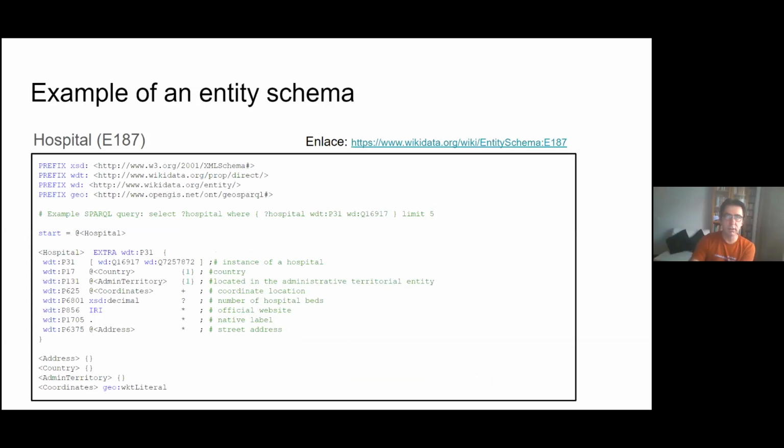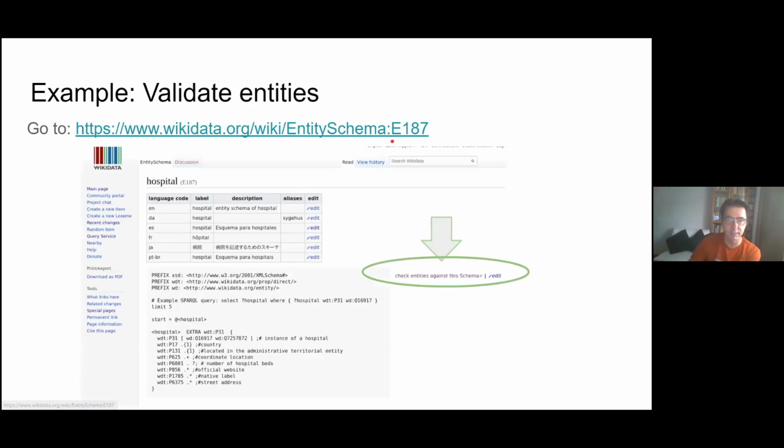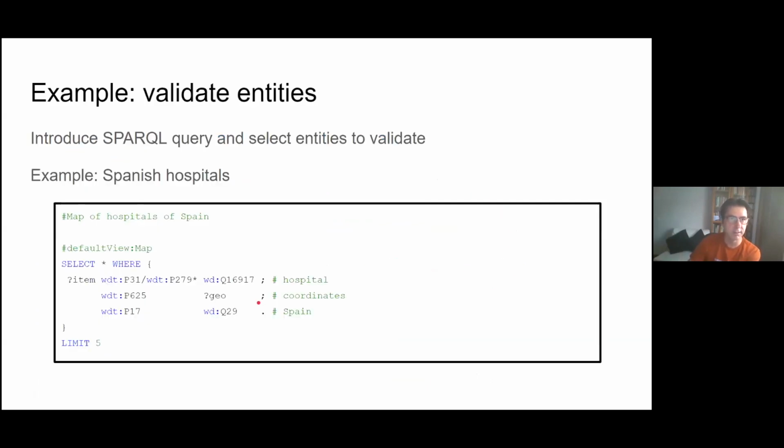So this was just an example, and maybe I was talking too much already, and I wanted to have some questions. So this was an example of an entity schema of hospitals, but I already did that with authors. You can click here, you can see the entity schema, you can validate the entities. This is the same thing that I already did.